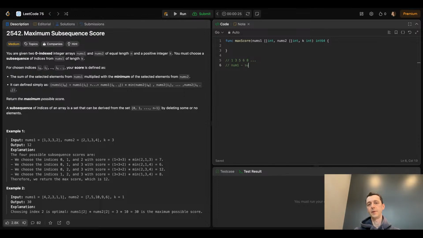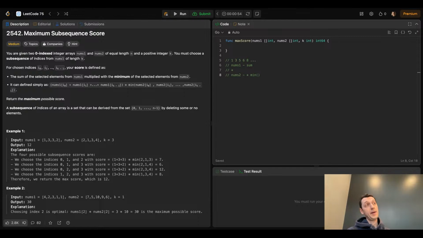And then we take the selected numbers from nums2, and we multiply the sum by the minimum of those.